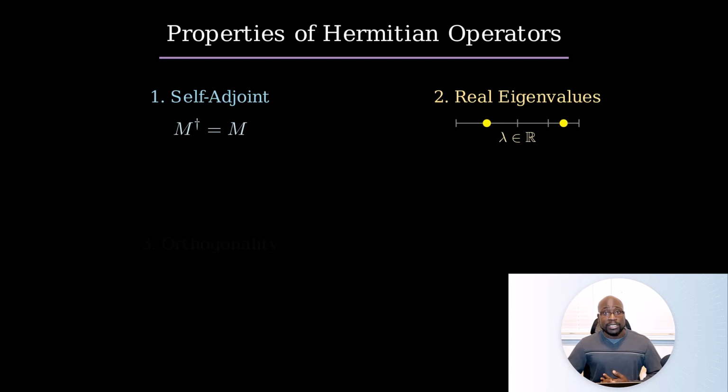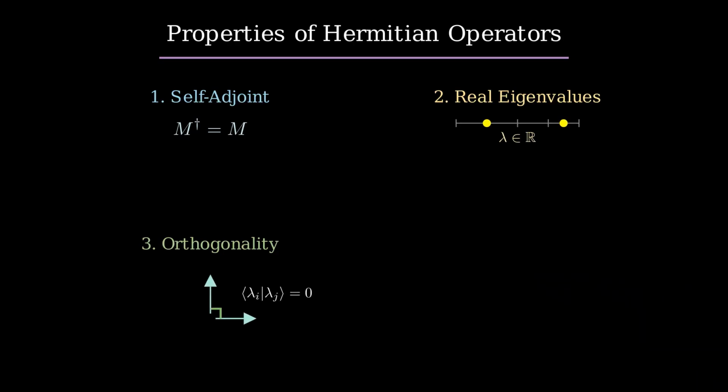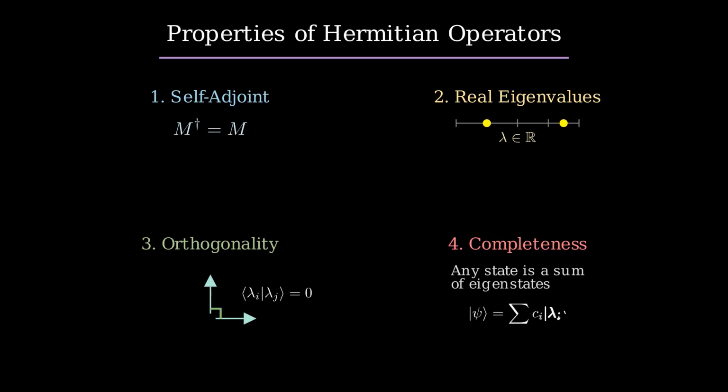They are perpendicular to each other in quantum state space. This is important. While eigenvalues are unique, the eigenvectors aren't. Non-degenerate eigenvectors can differ by an overall phase, but remember that phase has no observable physical consequence. 4. They have a complete set of eigenstates, meaning any quantum state can be expressed as a linear combination of these eigenstates.